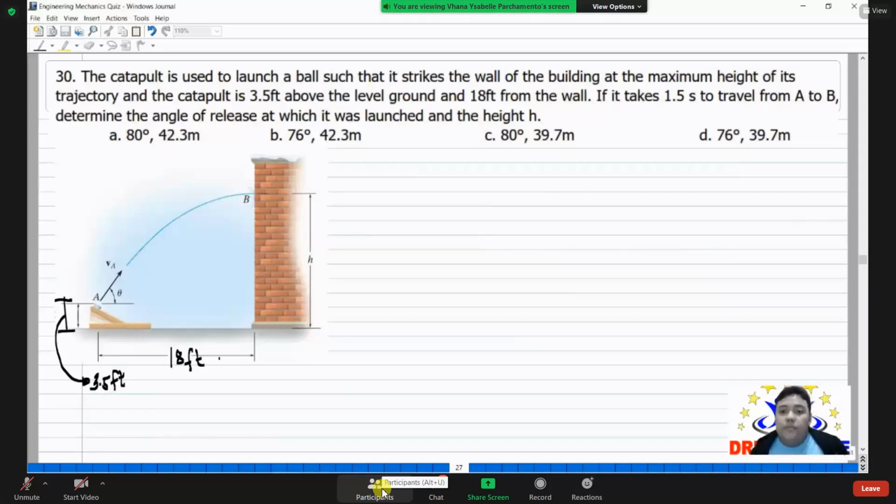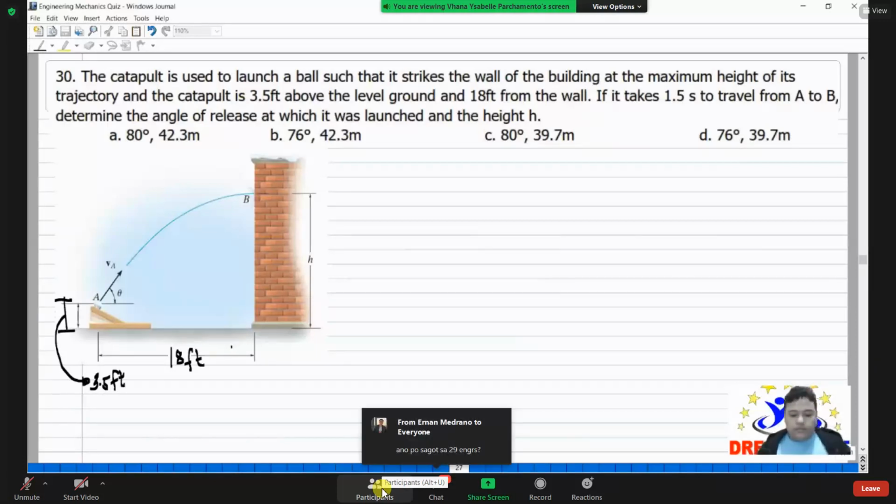If it will take 1.5 seconds to travel from A to B, determine the angle of release at which it was launched and the height h.